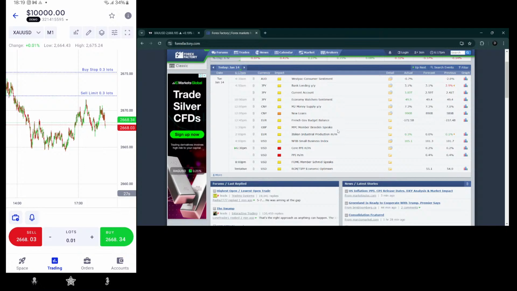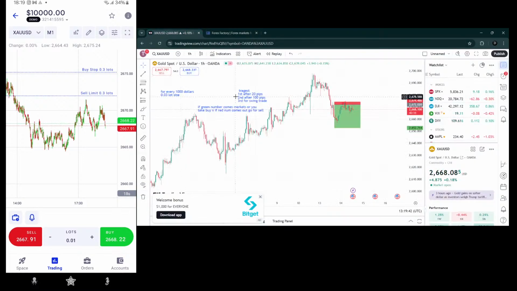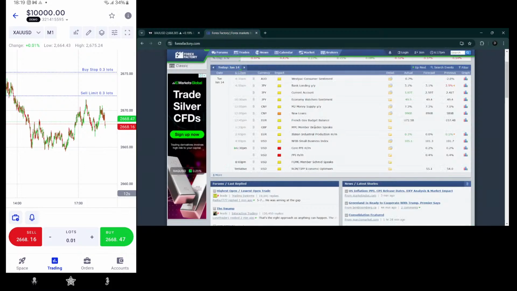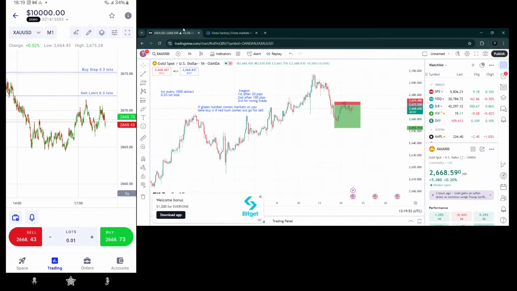If news comes out and the numbers are in red, you have to go for the buy. Go for sell if green number comes. If red numbers, it will be negative news for US dollars, you should go for, no, I have written, sorry.